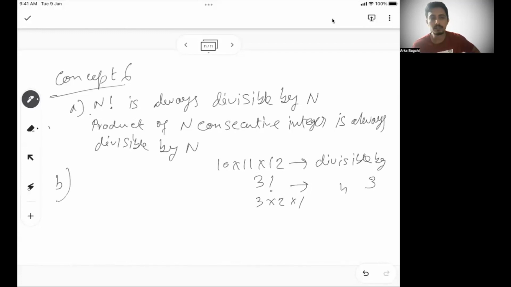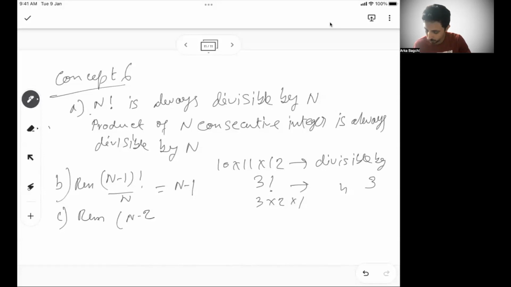The second one talks about the remainder of n minus 1 factorial when divided by n: you get a remainder of n minus 1. Then the third talks about the remainder of n minus 2 factorial when divided by n: you get a remainder of 1.